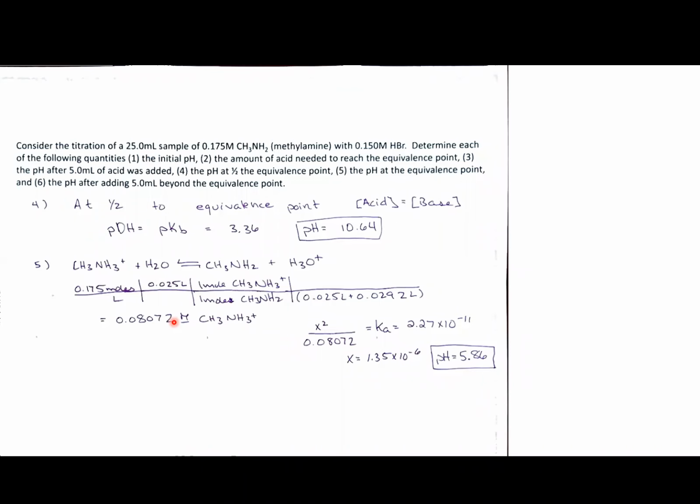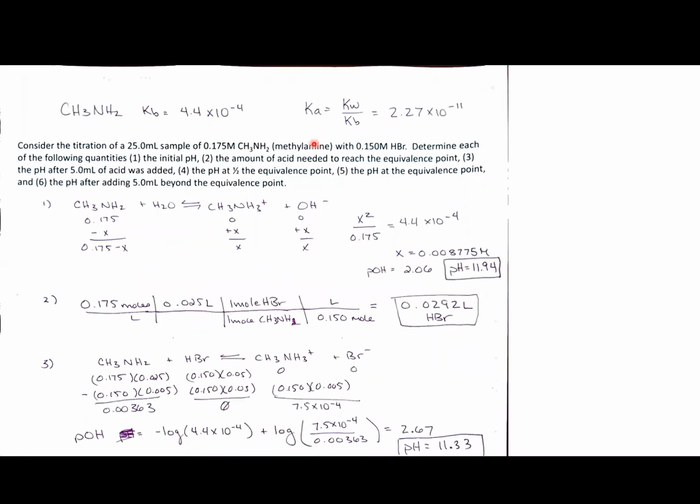And then I sort of skipped some math, but it's the same idea. That's my initial concentration of this, 0 of this, 0 of this. Some of this goes away, some of this forms, some of this forms. So x squared over that concentration, just like we've been doing 100 times before, is equal to the Ka. This is the acid now. So for the Ka, I need to use this number, 2.27 times 10 to the negative 11.